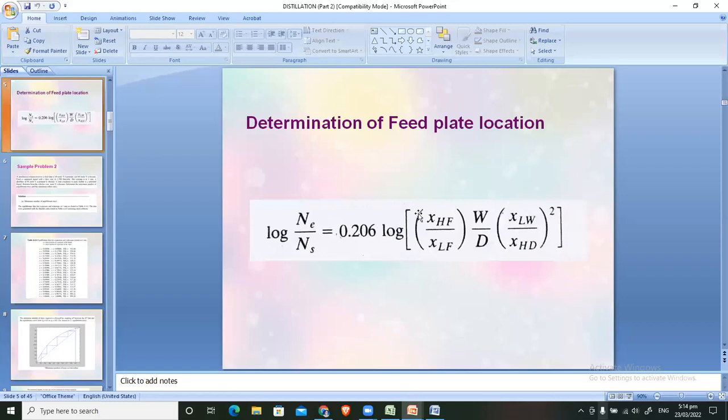On how you determine the feed plate location, this is an equation by Kirkbride, if I'm not mistaken, and Maddox. This gives you the ratio of the number of stages in the enriching section and in the stripping section.